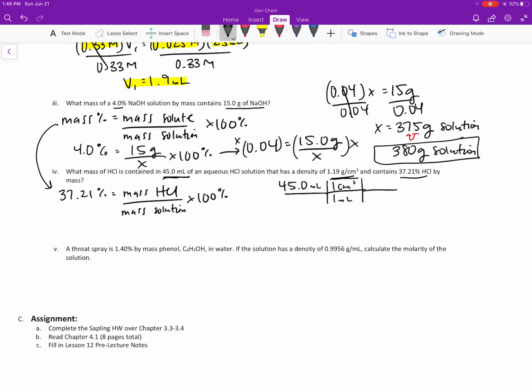We learned that in one of our chapter 1 lessons. And I'm going to plug in the density here, which is 1.19 grams for every 1 cubic centimeter, which is going to give me a mass of 53.55 grams of solution. So now I have the bottom value I need.